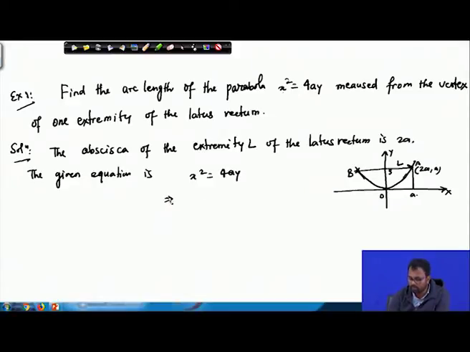So we can write it as y equals x square by 4a. From here our dy/dx will be 2x by 4a, which is basically x by 2a.